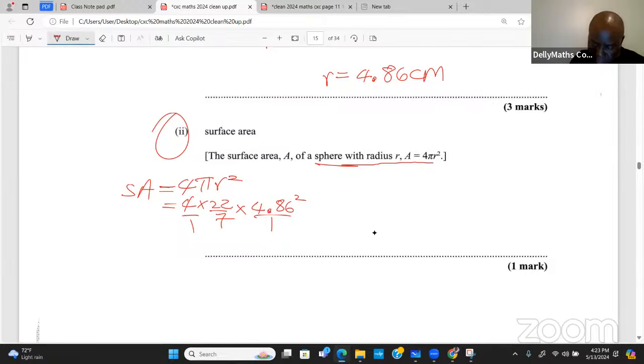I want to divide this by 7. And we're getting 296.93 cm squared. So this is the surface area for 1. So it's all about just putting together the idea and we're good to go.